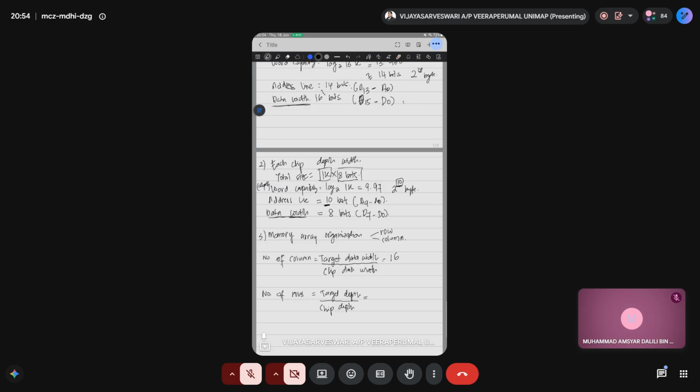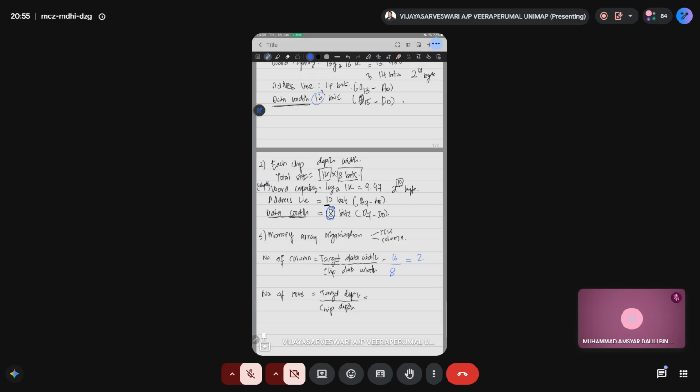16 bit divided by the chip width here, which is 8. I will circle it, the chip width. So here you get 16 divided by 8, which is 2.